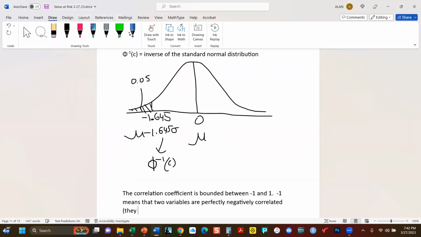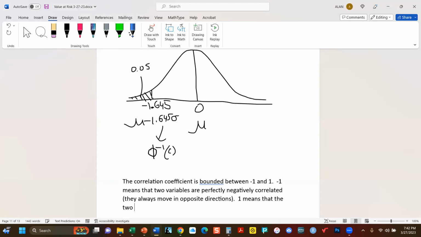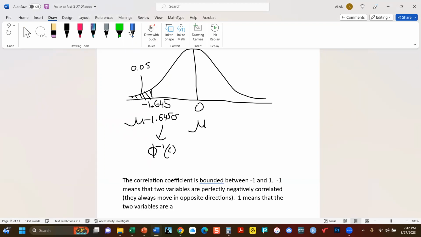They always move in opposite directions. Okay, +1 means that the two variables are perfectly positively correlated. They always move in the same direction.